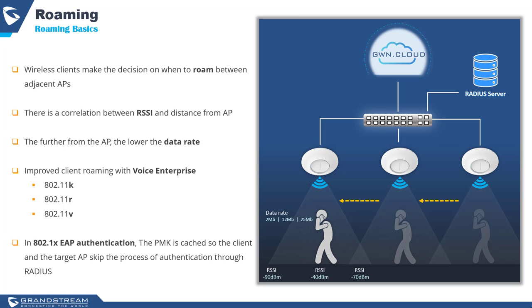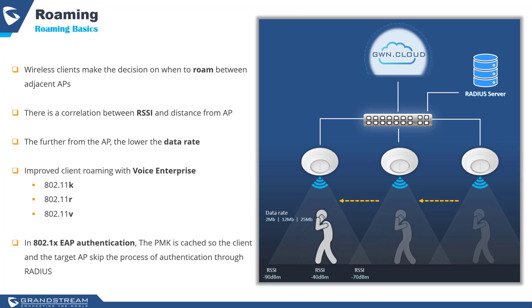The other feature that is available on the Grandstream GWN access point is authentication using a Radius server. The GWN access points support what we call PMK caching, so that the client and the target access point can skip the process of authentication through Radius.